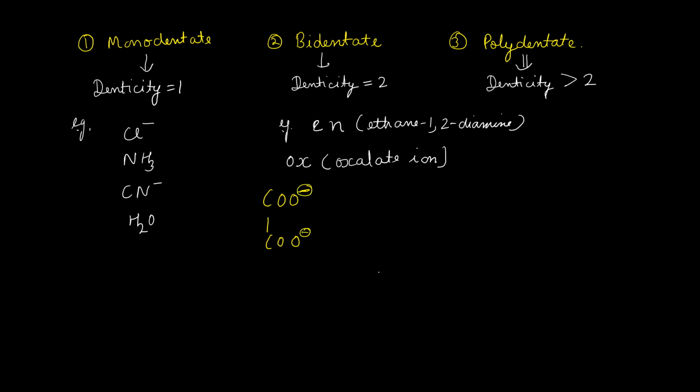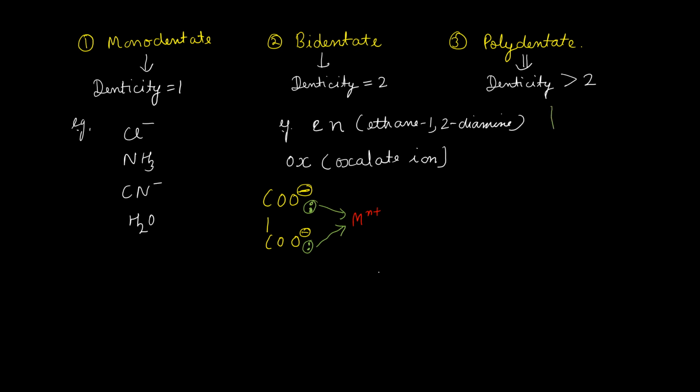Now, if this is the central atom, say Mn+ ion charge, now what will happen? This electron pair which is present on this oxygen, that will be involved in bonding, and similarly this will also be involved in bonding. So single oxalate ion has two donor atoms and both are involved in bonding at a time. So denticity will be 2.